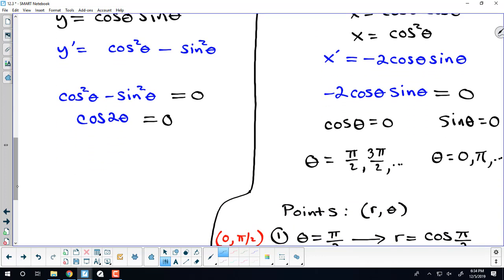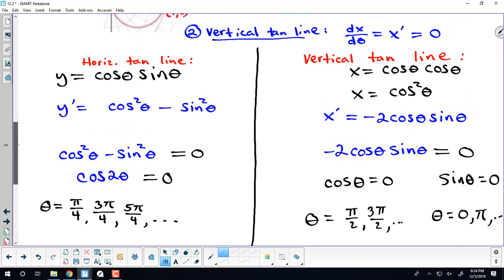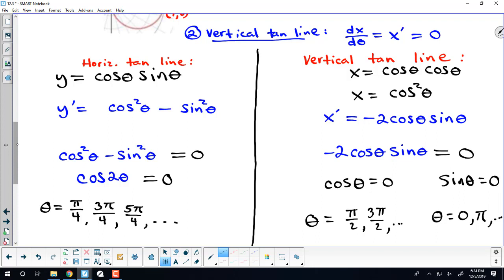And we solved a similar equation prior. So we said that's when theta is pi over 4, 3 pi over 4, and so forth. So again, we have our theta values for which the circle has a horizontal tangent, and we want to know what the points are.